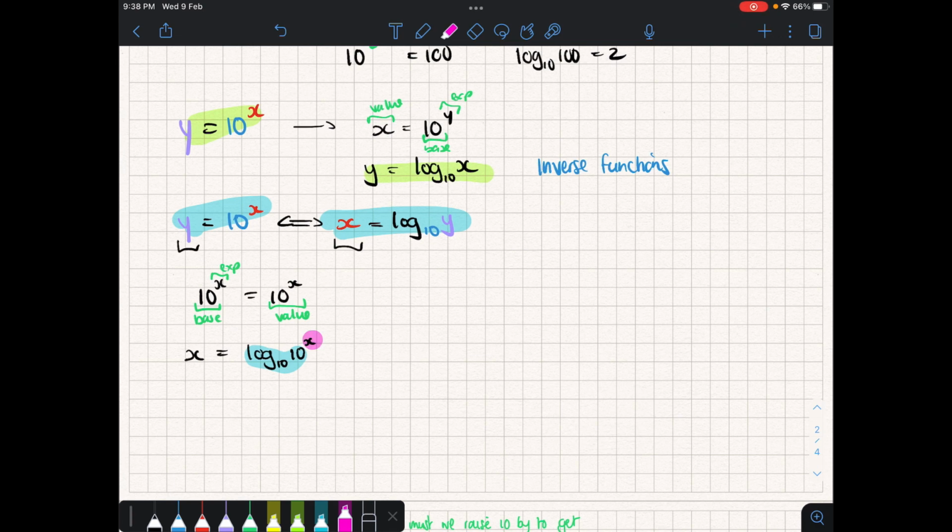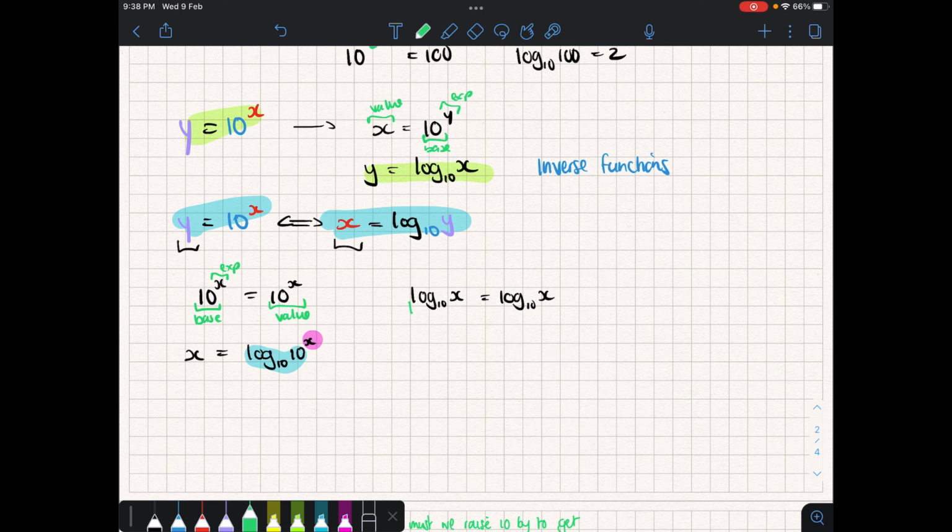Okay. The next identity comes from this. If we have log base 10 of x, and once again we'll make it log base 10 of x, except this time this is now in log format, and we're going to change this back into exponential format.